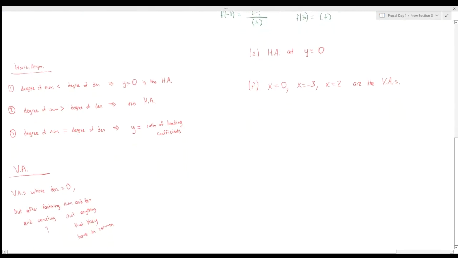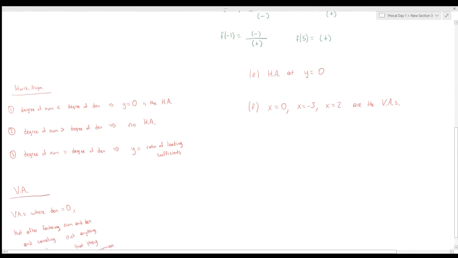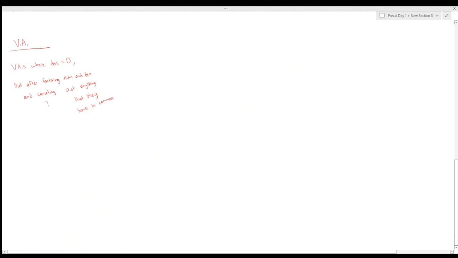All right, so we're going to do just a few more examples of rational functions. And then I'll also make some comments regarding how you might do things in your calculus class as well, okay? But let's do a couple more examples first. We'll keep all this stuff in mind.